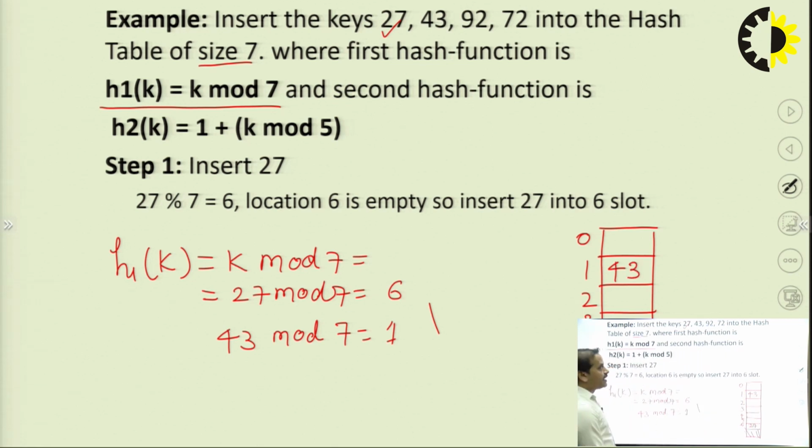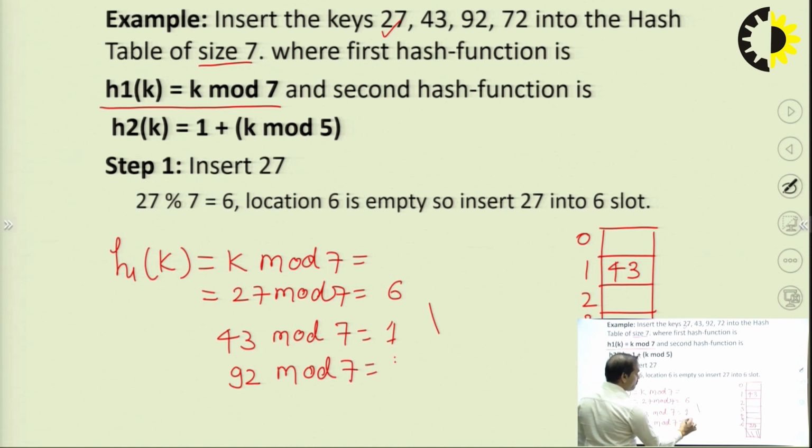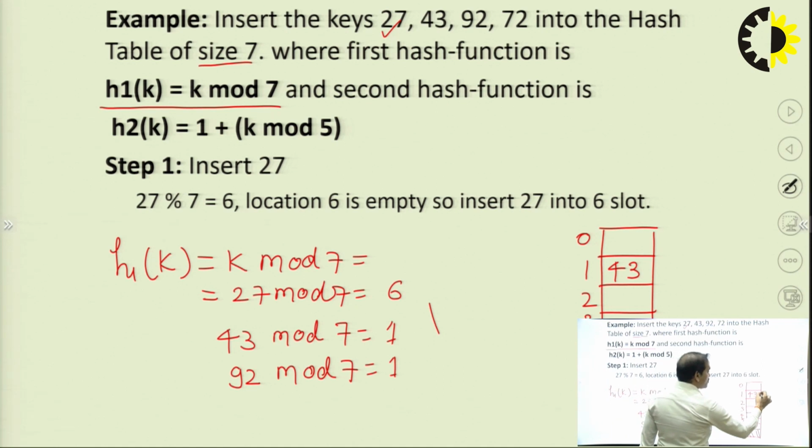Now 92 mod 7 is 1, and slot 1 is already occupied.